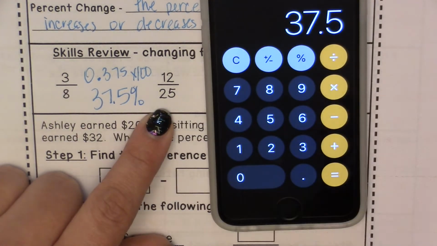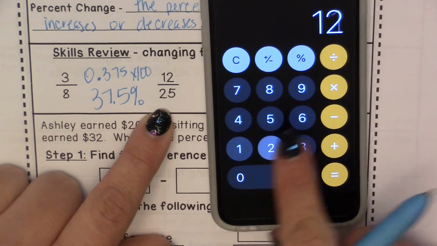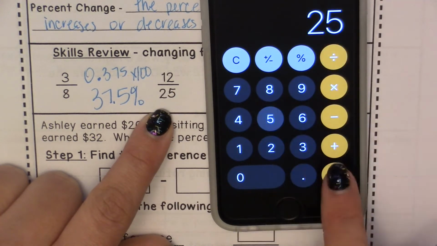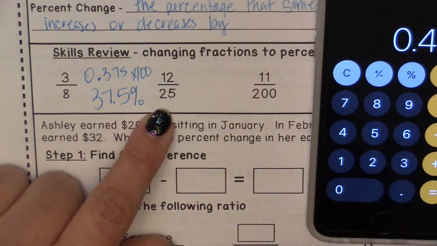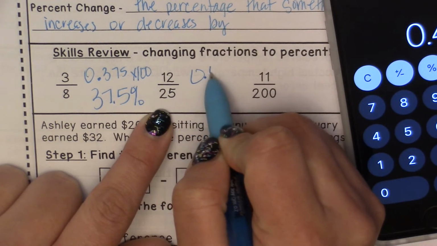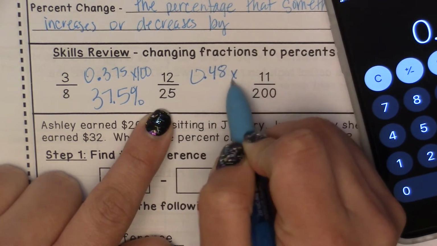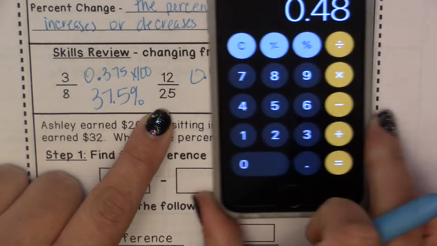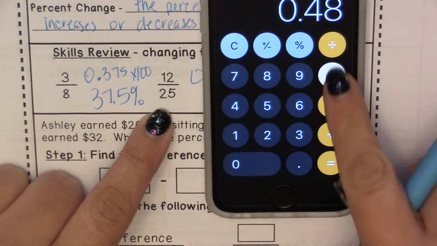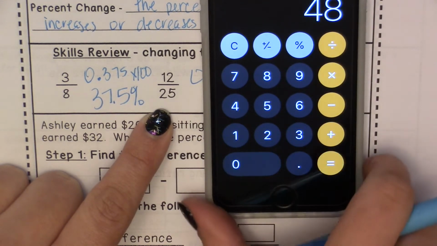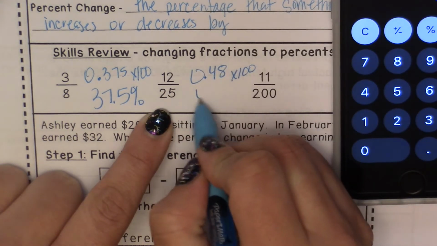Okay, let's do the next one. 12 divided by 25 is 0.48. And then we times that by 100 to find our percent. Times 100 gives us 48%.